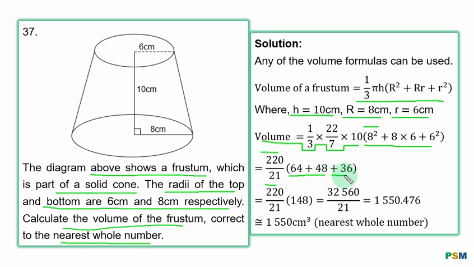If you add the terms in the bracket, you have 148 times this fraction. When you multiply, you have this result. After division, you have this result.